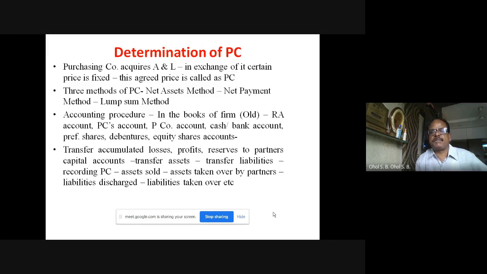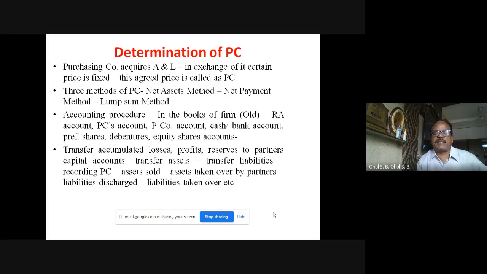So if the limited company pays a certain amount to the partnership firm in exchange of the assets and liabilities, that value or that amount is known as the purchase consideration.